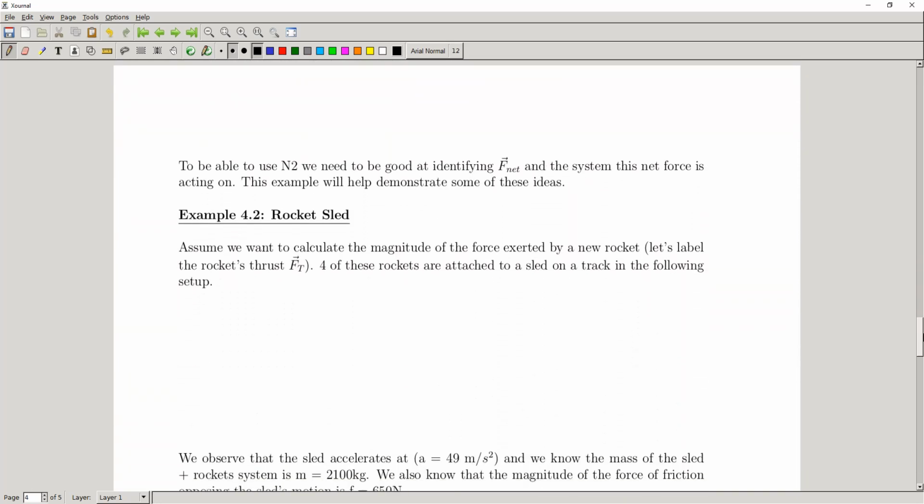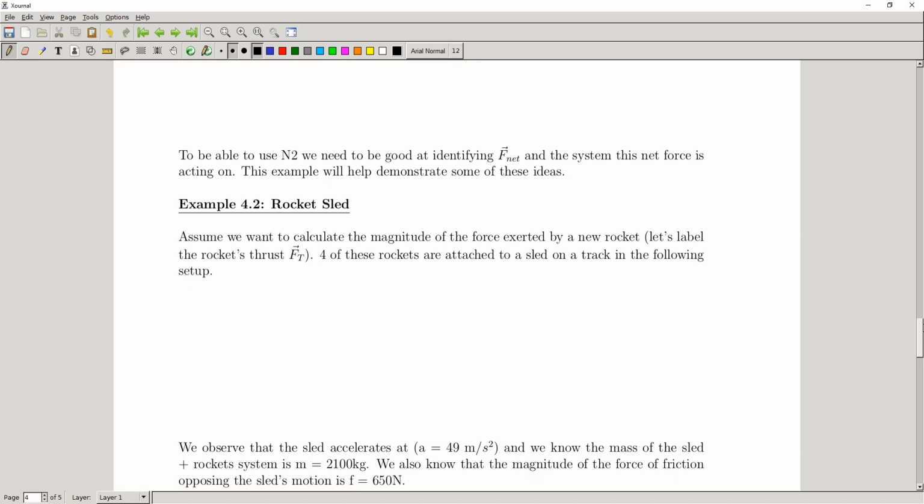We're going to do a little bit more complicated example now, so we can really see how to apply Newton's second law to a more complicated system and actually answer some interesting questions. So I have an example that I wanted to go over with you guys. As I note here, to be able to use Newton's second law, we need to be really good at identifying the net force of external forces acting on this object.